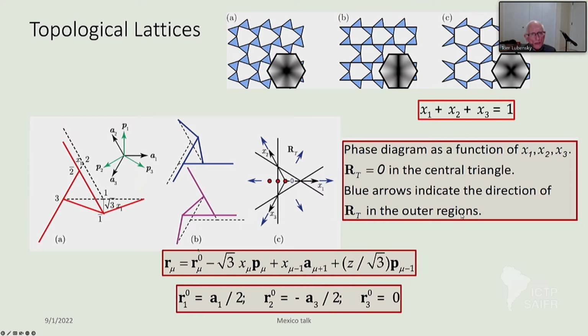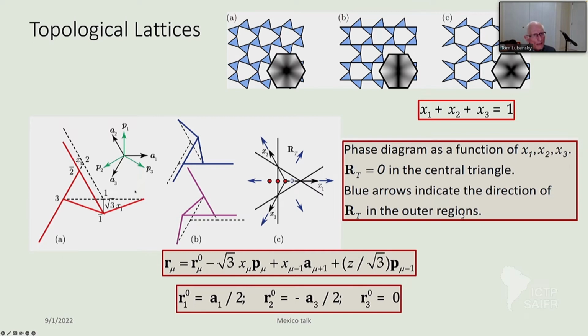So with each of those, I can do that. And what you can show is that you can look at this as a function of x1, x2, and x3. So here we have parameters x1, x2, and x3. And for simplicity, we're leaving out the z, which has this p mu minus 1. So r mu is the original r plus x mu p mu. So in other words, it's moving upward like that.